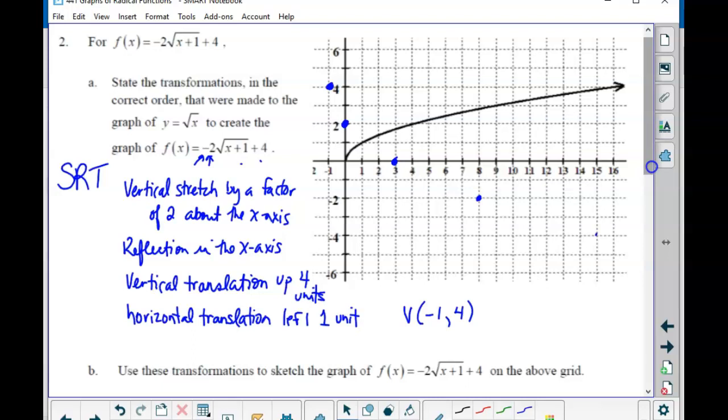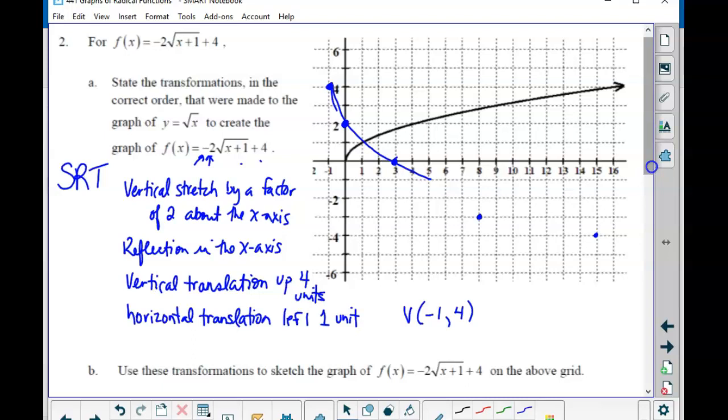Let me check what I just did. 3 times negative 2 is negative 6. Something weird happened, just give me a second.